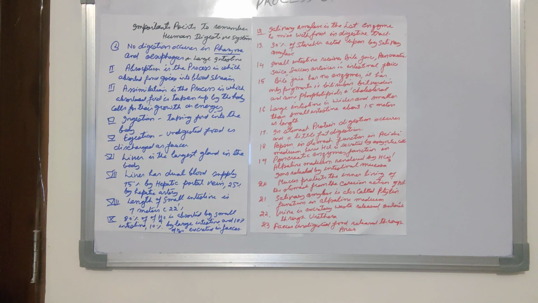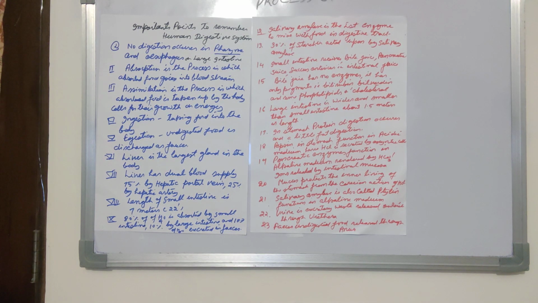Pancreatic enzymes function in an alkaline medium, and this alkalinity is rendered by bicarbonate ions, which are released by the intestinal mucosa. Mucus protects the inner lining of the stomach from the corrosive action of HCl.